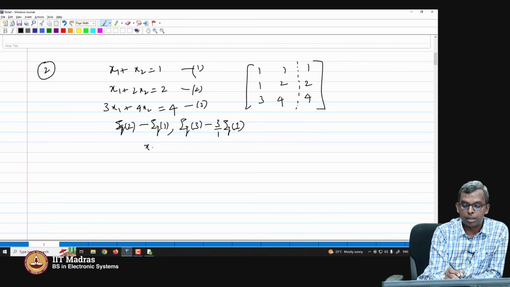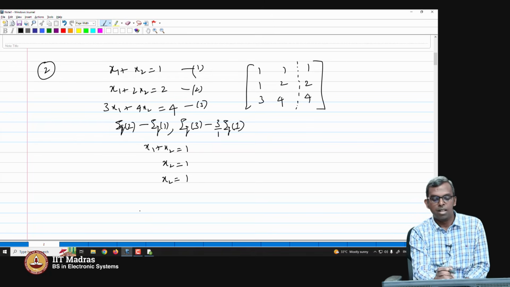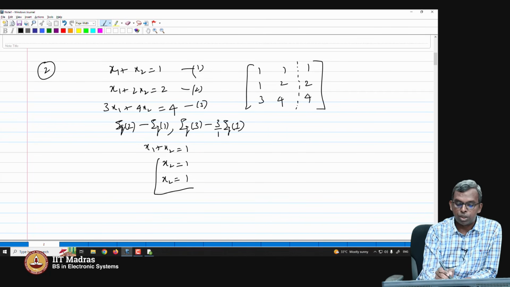So the first equation is retained, x1 plus x2 is 1, and then equation 2 minus equation 1 gives you x2 equals 1, equation 3 minus 3 times equation 1 is going to give you x2 equals 1 as well. Okay. So wonderfully well, we've got the solution here, and that ends up being consistent, right? So it is consistent.